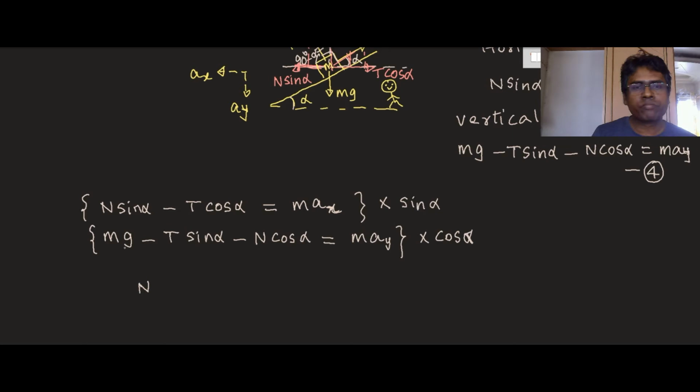Then from the left hand side of the second equation, I get mg cos alpha, and since I'm subtracting, I get minus mg cos alpha. And on the right hand side I have m ax sine alpha minus m ay cos alpha.